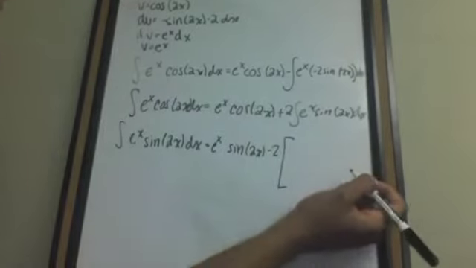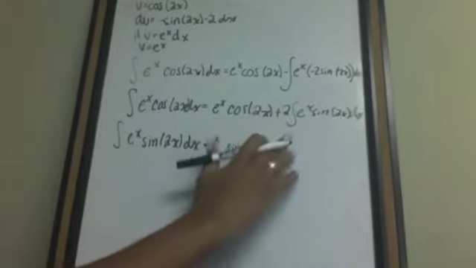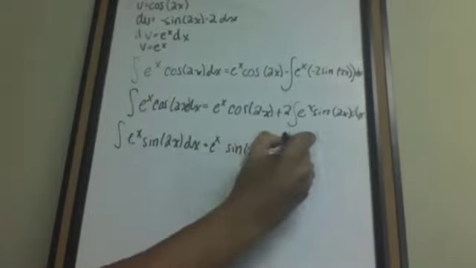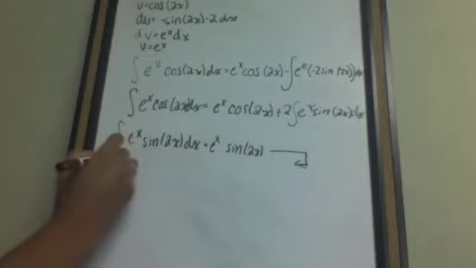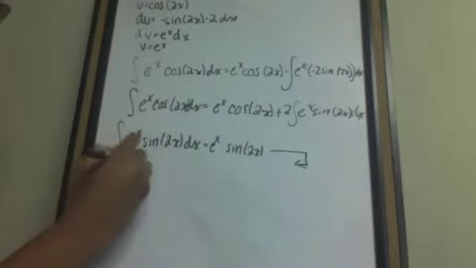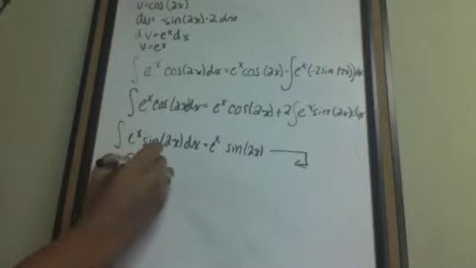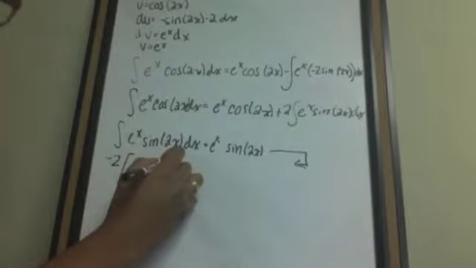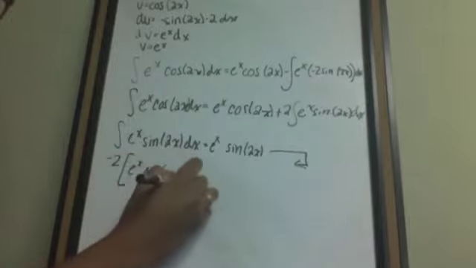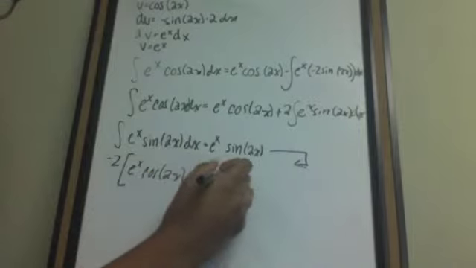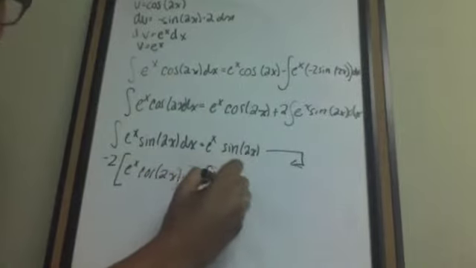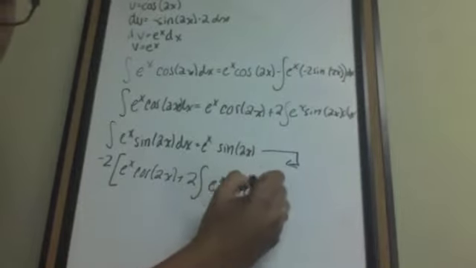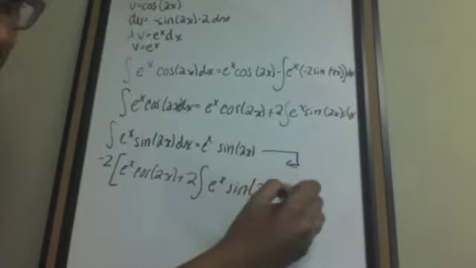Alright, so I'm going to put this on the next line because I have a small board. This is going to be minus 2 e to the x cosine of 2x plus 2 e to the x sine of 2x dx.